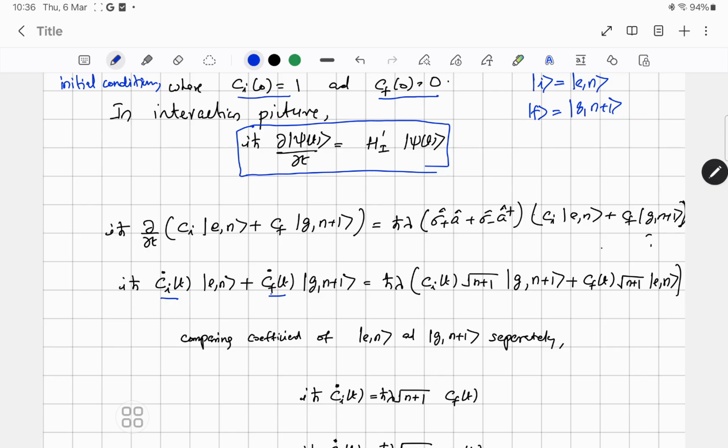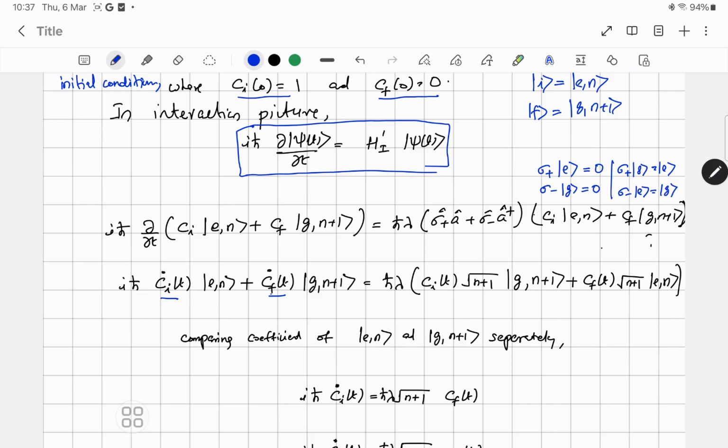And on the right side you have to act σ+ a on e, n. So if you act σ+ on e, it would be 0. Okay, so recall this fact. σ+ is the excitation operator, so σ+ on the excited state is 0, and σ− is the de-excitation operator, so σ− on the ground state is 0. σ+ on the ground state will become the excited state, and σ− on the excited state will become the ground state.